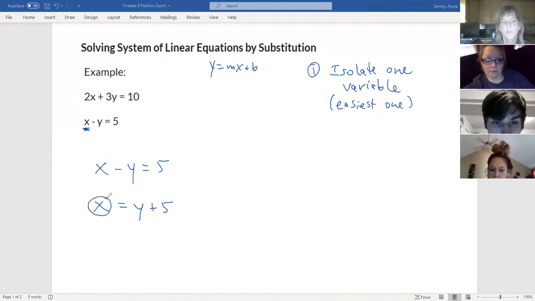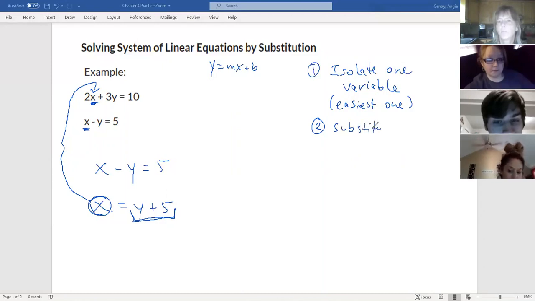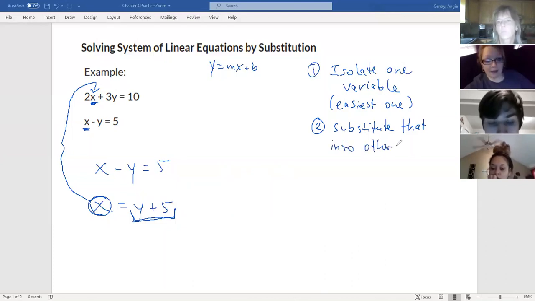Then this x is going to be substituted into the other equation, so this piece goes where that x was. So the steps are: isolate one variable, and then substitute that, whatever it is, into the other equation.